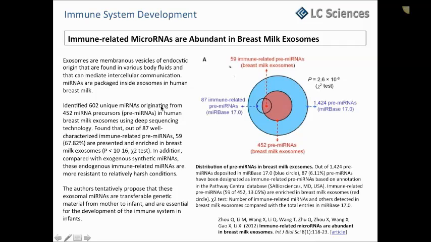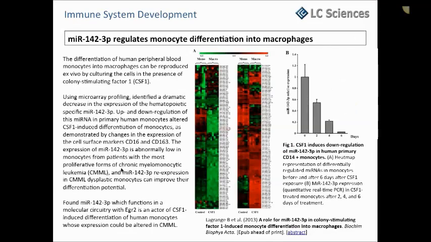And so the authors of this paper propose that some of these, if not all of these, immune-related exosomal microRNAs are allowing the mother to transfer genetic material to the infant and enhance the immune system and aid the development of the immune system of the infant.